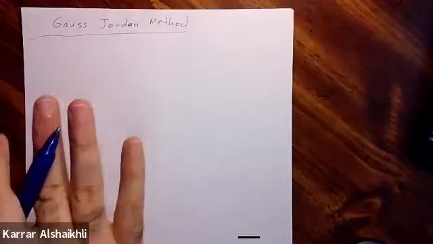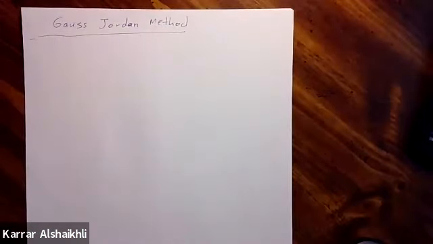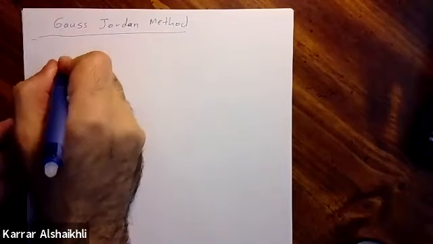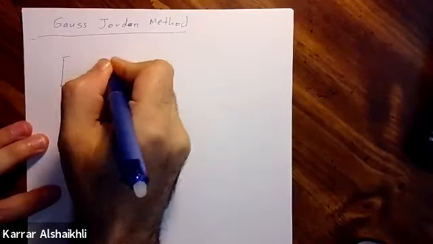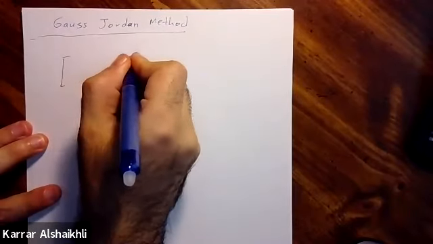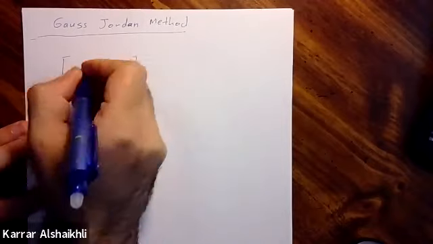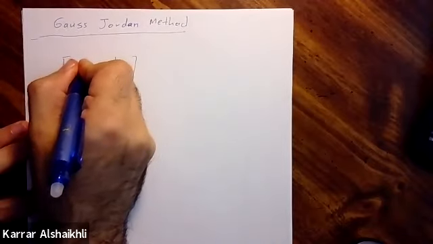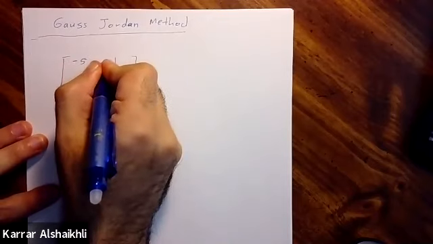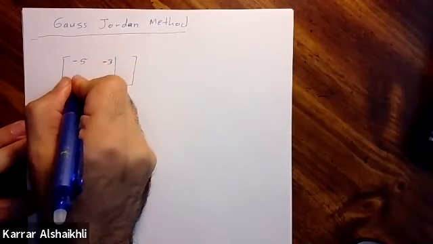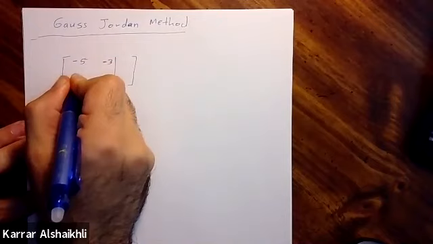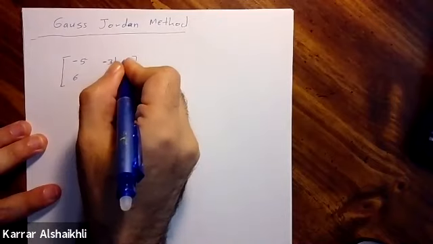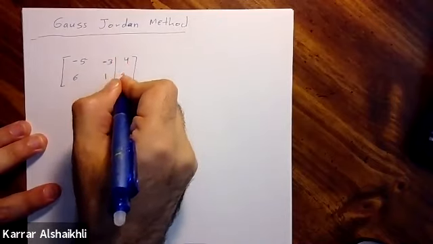Then how are we going to use the Gauss-Jordan method? Like for example, if we have this matrix, like -5, -3, 6, 1, and here is 4, 2.